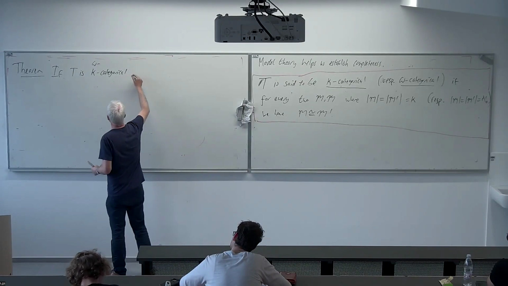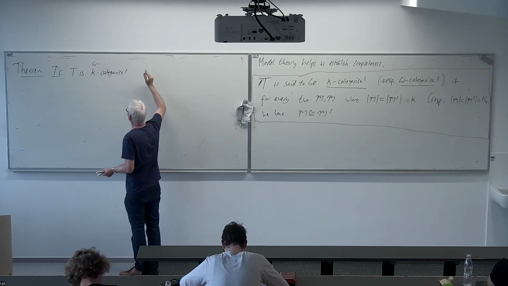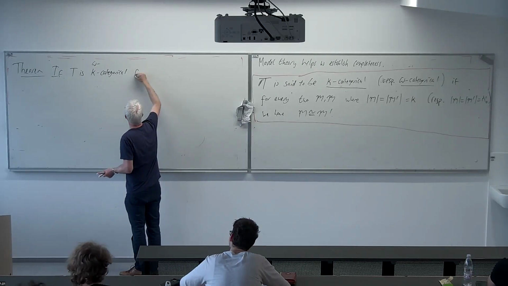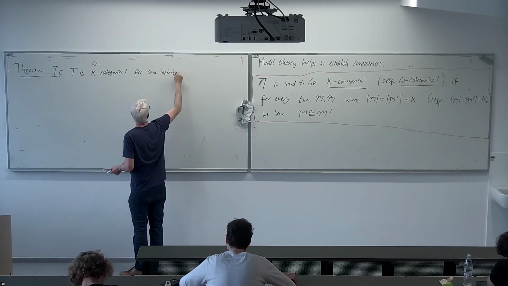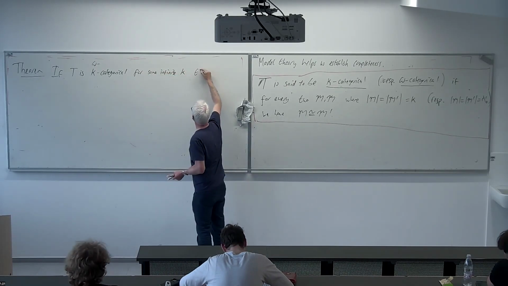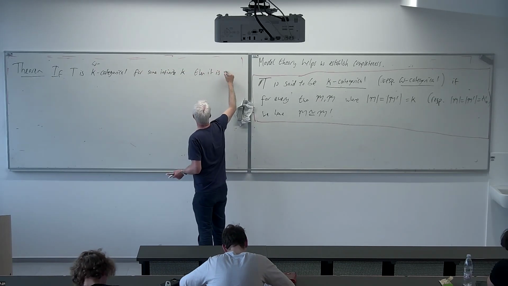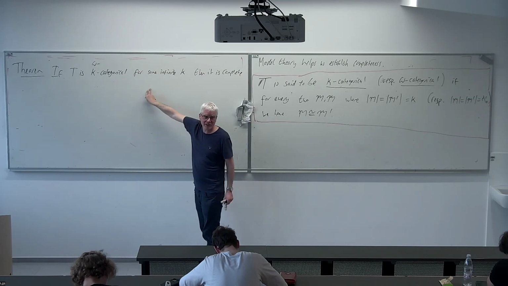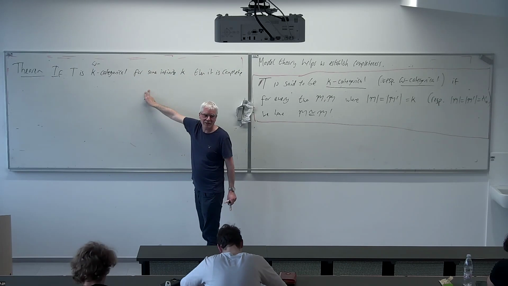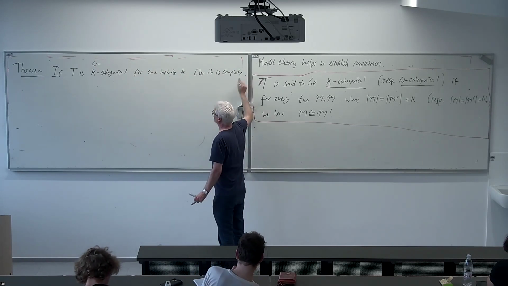Anyway, if T is kappa categorical for some infinite kappa, then it is complete. It's important for kappa to be infinite here. I'll let you think about why it fails for finite cardinalities.